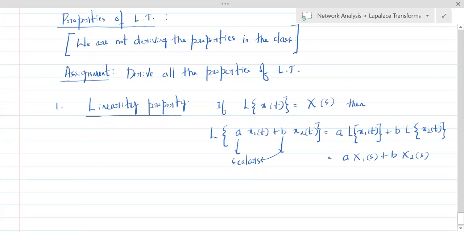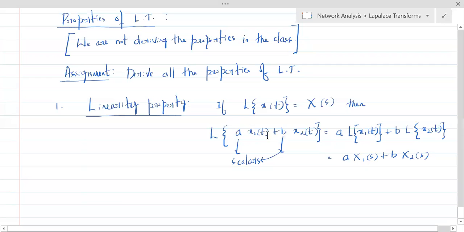So this is what the linearity property tells us. If you have a signal along with a scalar, separate the scalar and apply the Laplace transform only on the signal. That is what is happening.